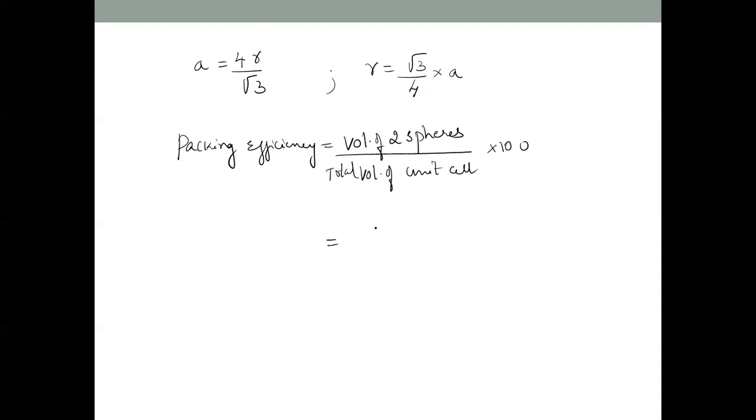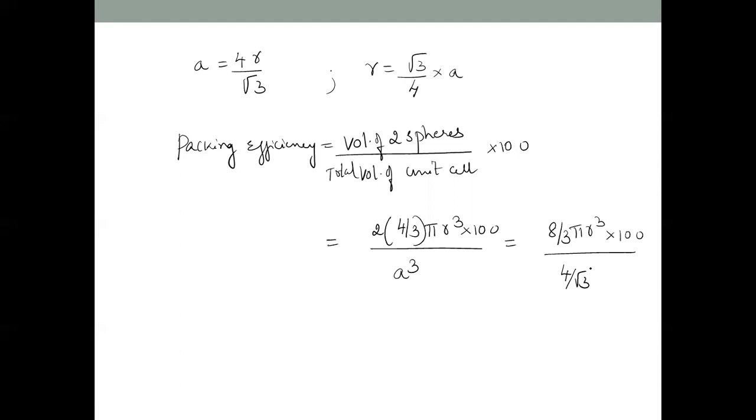So volume of two spheres is 2 into 4 by 3 pi r cube into 100 by the total volume, which is A cube, which is 8 by 3 pi r cube into 100 by 4 by root 3 r whole cube.